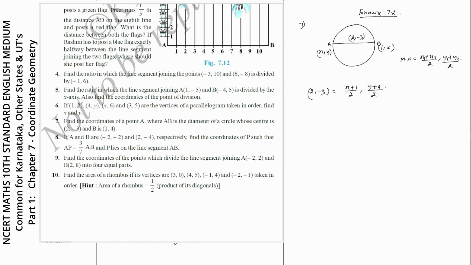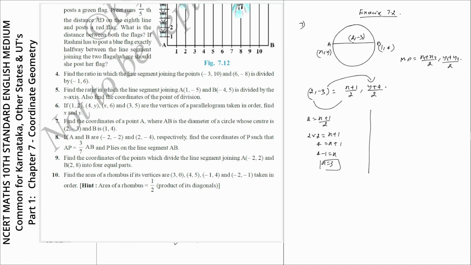Now we will equate the x term and the y term. So 2 is equal to x plus 1 by 2. Cross multiply, 2 into 2 is equal to x plus 1. So 4 is equal to x plus 1, so 4 minus 1 is equal to x. So x is equal to 3.